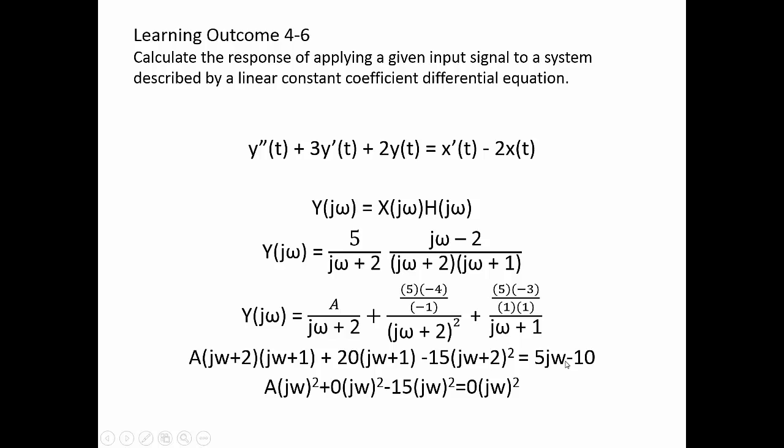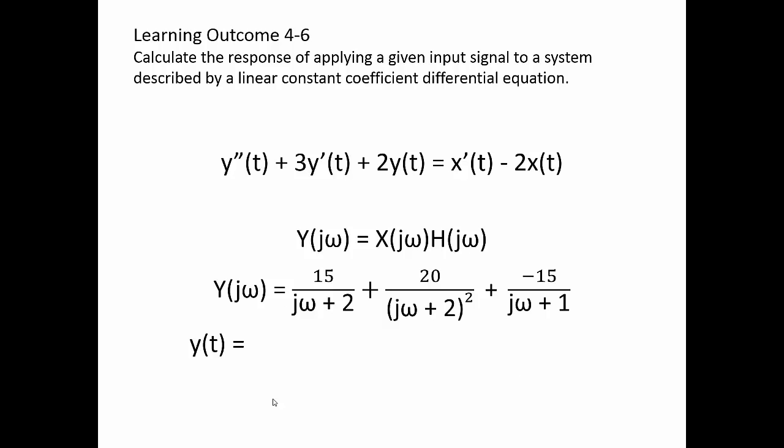And on the right-hand side, again, we have no j omega squareds. So in order for this to be a true statement, which it must be in order for this line to match this line, what does a need to be? It has to be 15. So now we know that a is 15. We finished our partial fractions expansion.